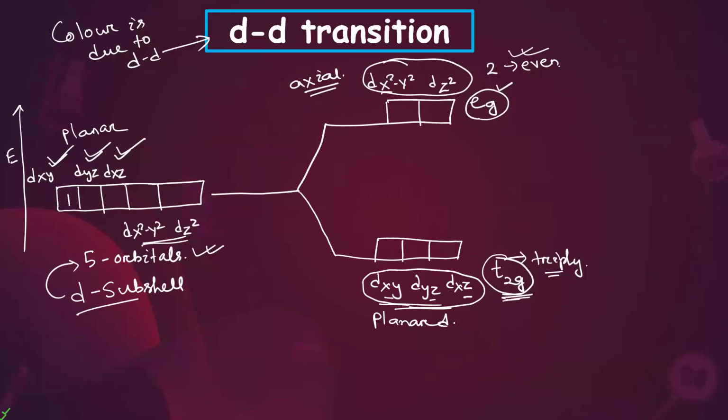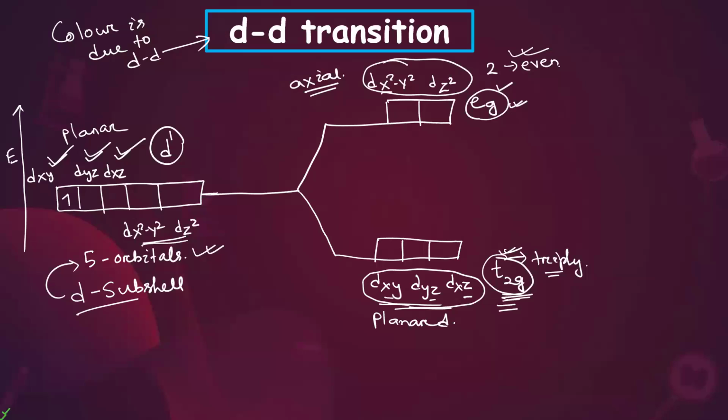Suppose I have one electron, a d1 configuration. Then I will put the electron here, because my 5 d orbitals are now not together. They are split into two groups, one is T2g and another is eg. We know the electron first goes to the lower energy level. Lower is your T2g. Three T2g orbitals are there, dxy, dyz, dxz, and we can put the electron anywhere in these three.